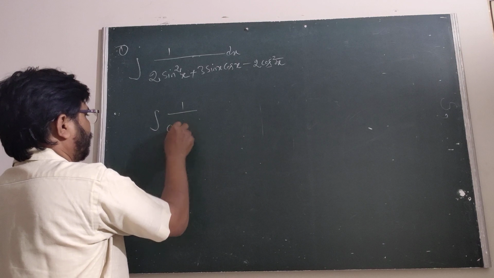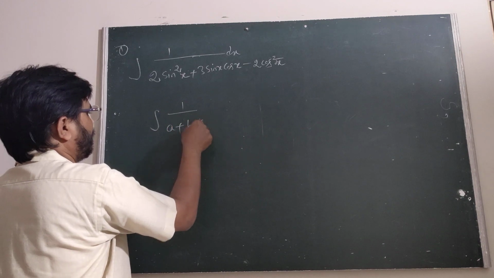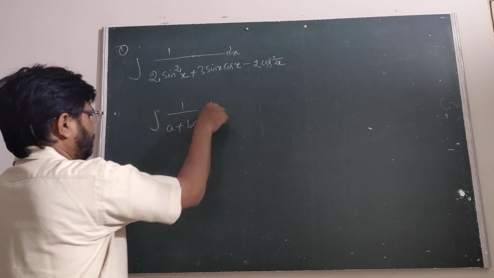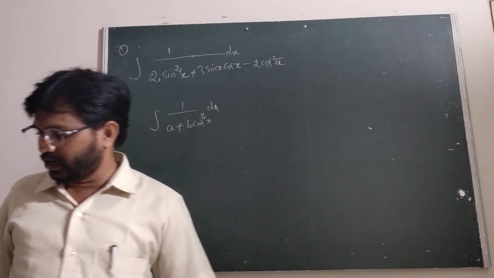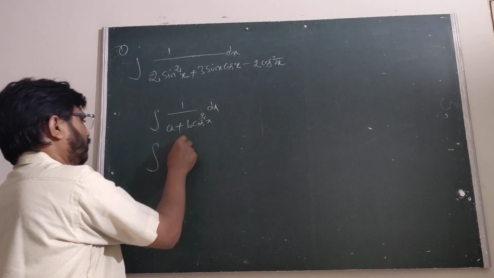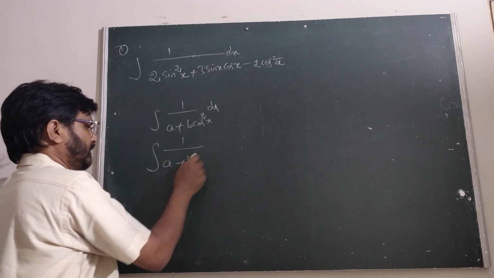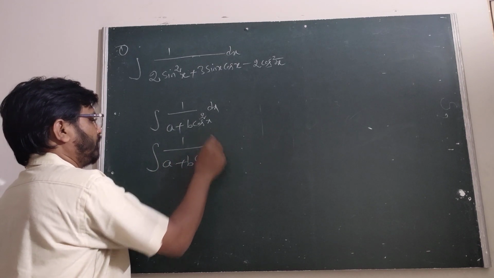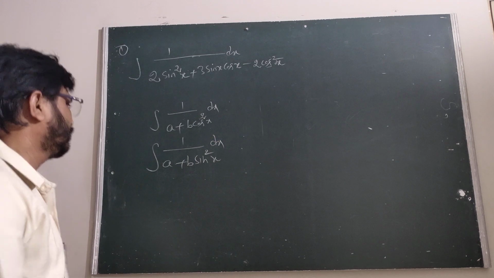in the form of 1 upon a plus b cos square x into dx, and another one, 1 upon a plus b sin square x into dx.